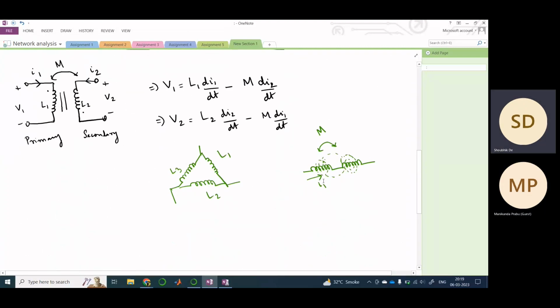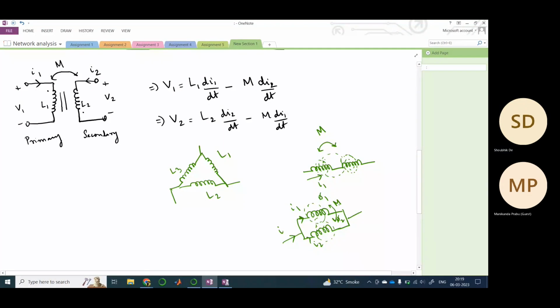If there are two inductors, let it be something like this also. Even if these inductors weren't connected in series, if these were connected in parallel, something like this, and let's say this is I, this is I1, and this is I2, there would be some flux developed across this inductor and some flux developed across the other inductor, and this phi 1 and phi 2 would cut each other, and there would be some mutual inductance of M. This will happen in series connection, in parallel connection, and in three-phase connection, everywhere.